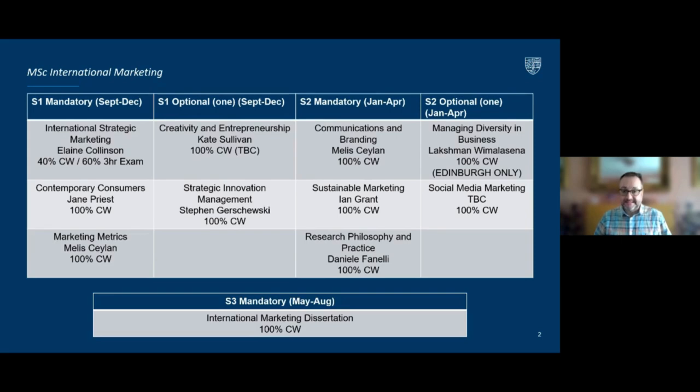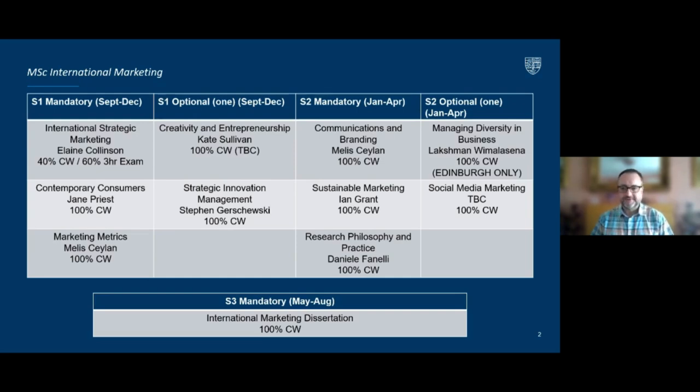And the dissertation is worth 60 credits. So if you add everything together, semester 1, semester 2, and semester 3, then you've got 180 credits, and that's what you need in order to get a master's in this country. There will be a very small number of students who, for whatever reason, aren't able to get to 180 credits.